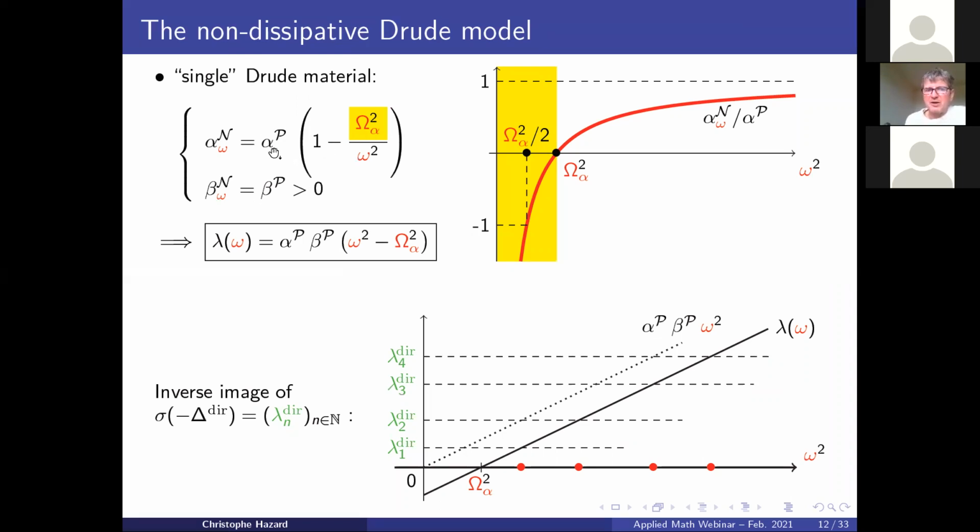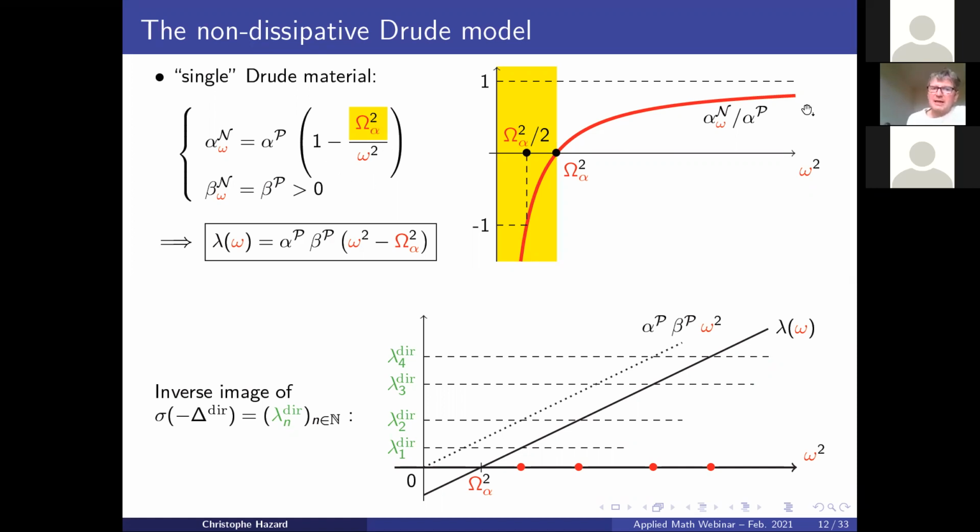Here alpha_p is a positive coefficient, and omega_alpha is often called the plasma frequency of the Drude material.